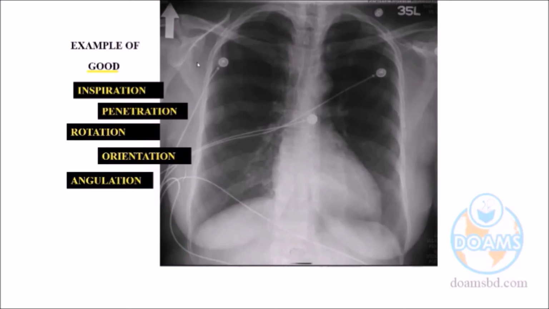Orientation is right: this is right and this is left, the heart is on the left side, the liver on the right side, and there is no angulation of the vertebra. So these are technical qualities. This is a perfect chest X-ray in the sense of technical qualities.